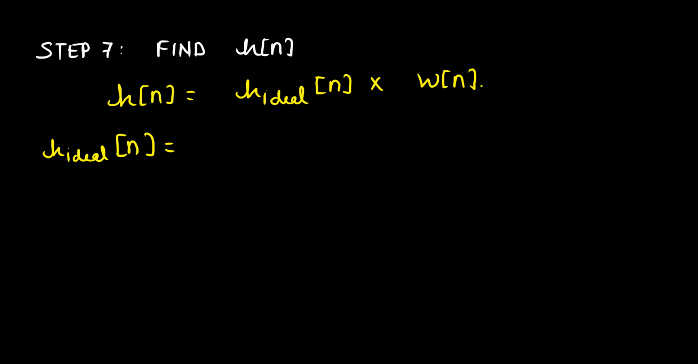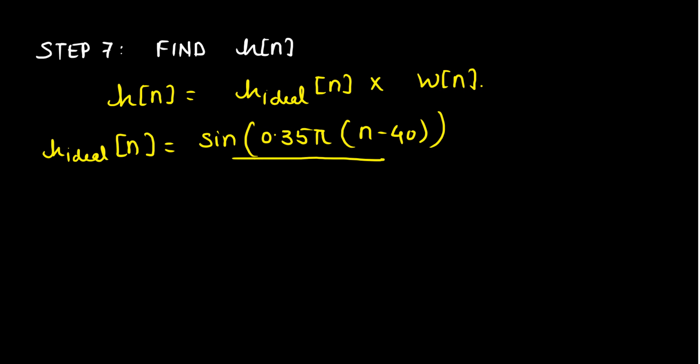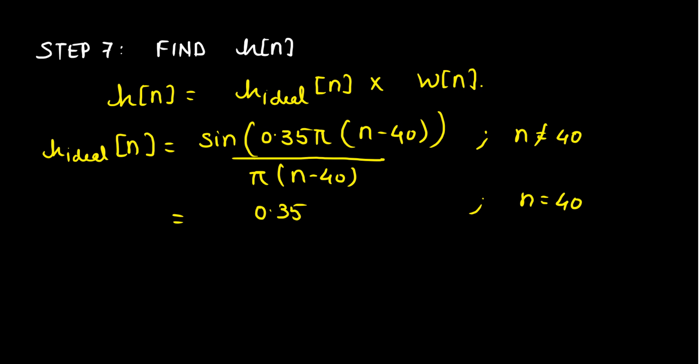Therefore, this h ideal of n was sine of 0.35 pi into n minus 40 divided by pi times n minus 40, and this is valid for n not equal to 40, and it was equal to 0.35 for n equal to 40.